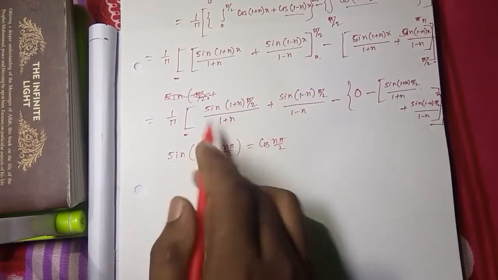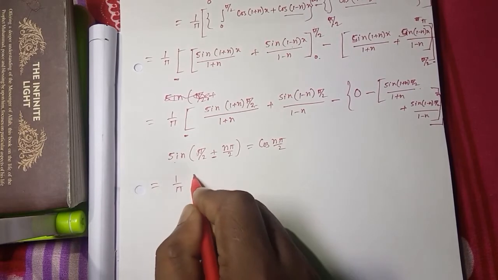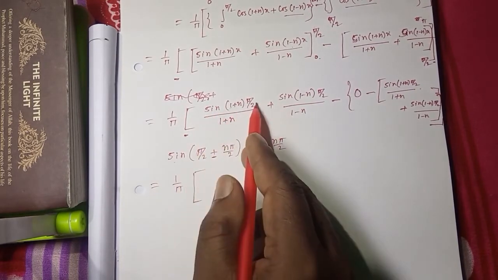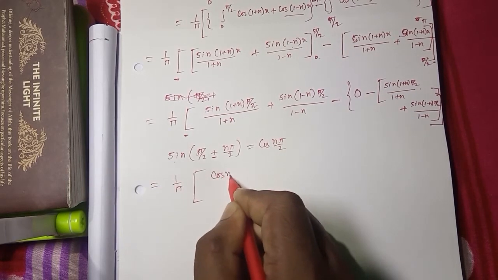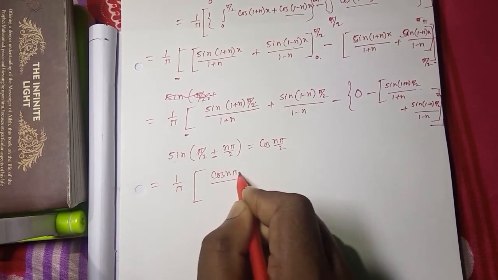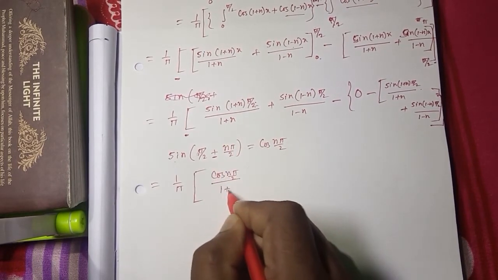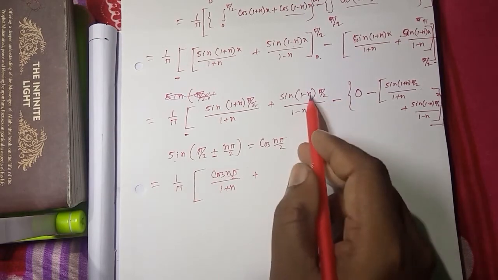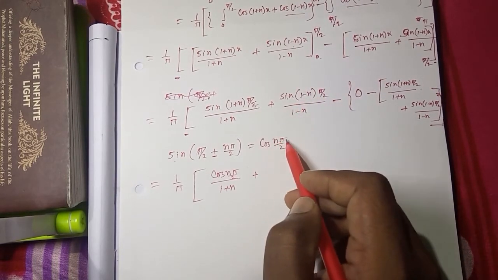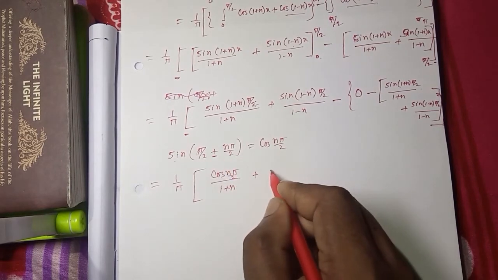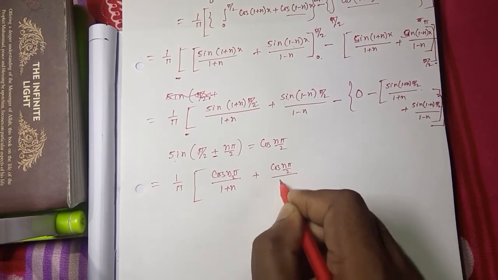Therefore this gives 1 by pi integration: sine of pi by 2 plus n pi by 2, cos of n pi by 2 by (1 plus n), plus sine of pi by 2 minus n pi by 2, this also cos of n pi by 2 by (1 minus n).